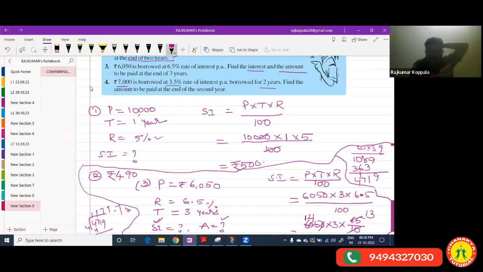Time is given. You have to find the amount at the end of the second year. So first you have to find SI. After that amount you have to find. So principal plus SI. Find it and tell me the answer.